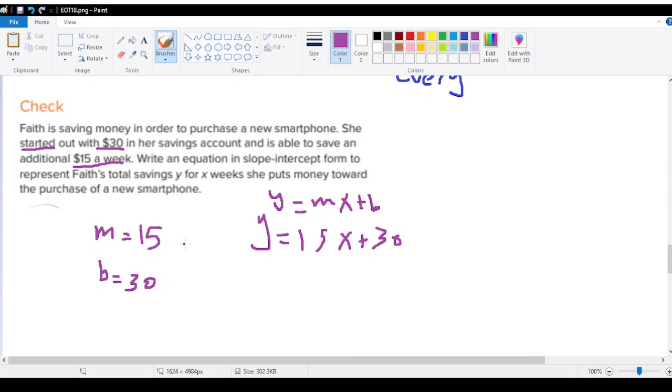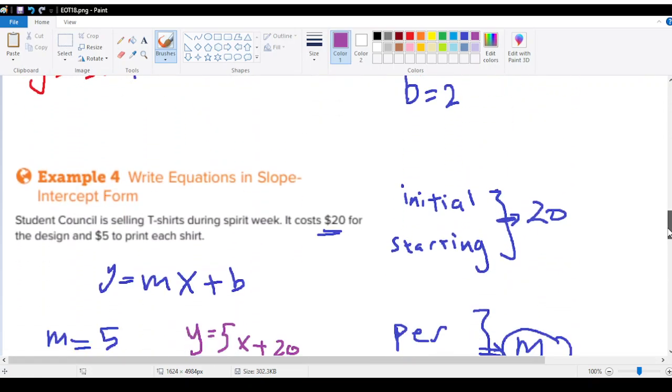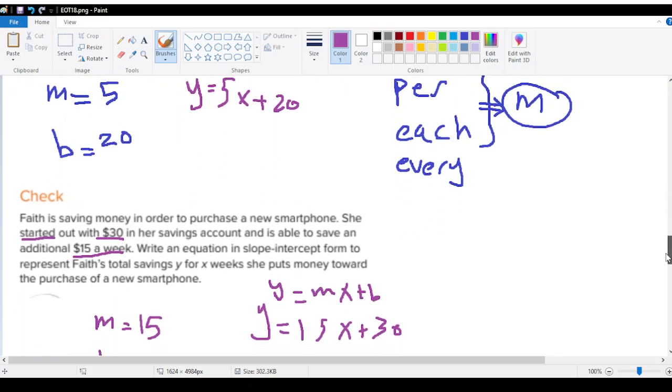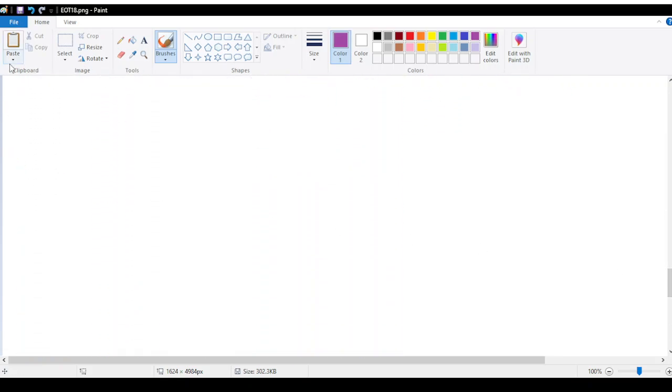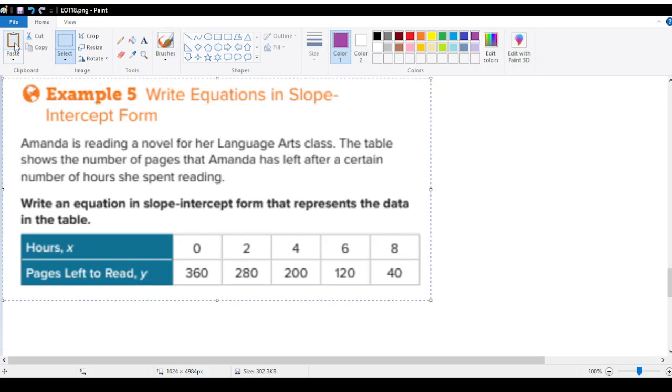So we learned how to solve example number four from the verbal question. We can find what is the m and what is the b. Here the same idea or the same objective: how to write the slope intercept form equation from the table.